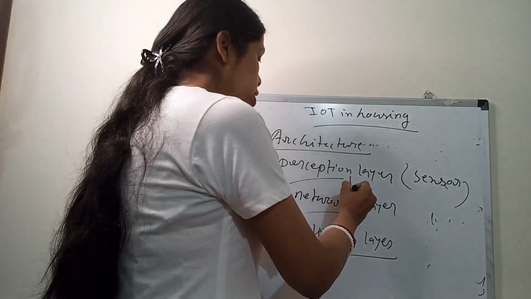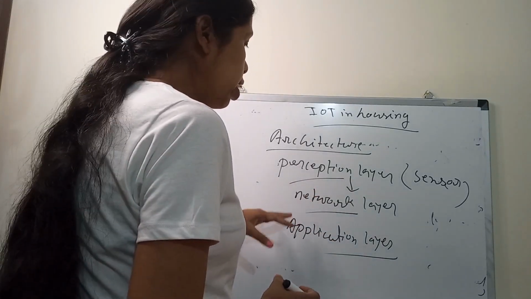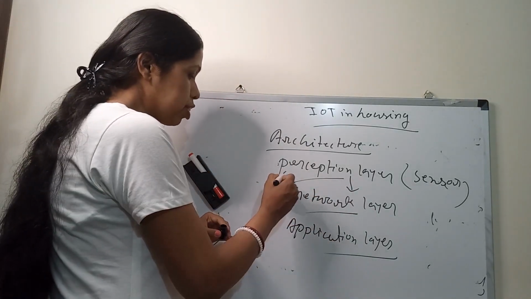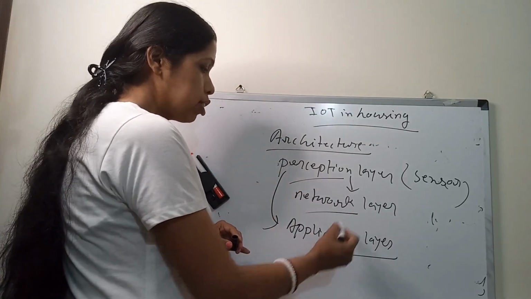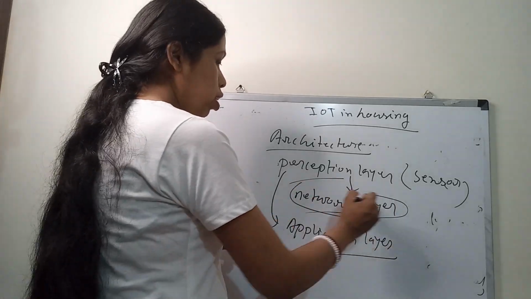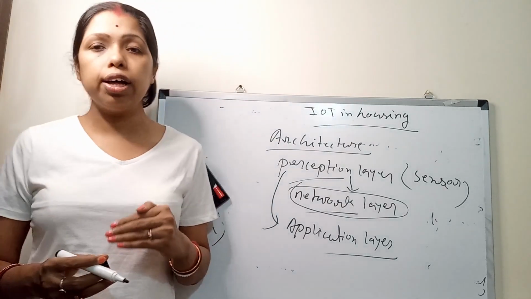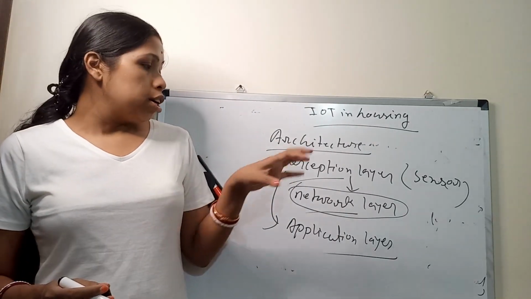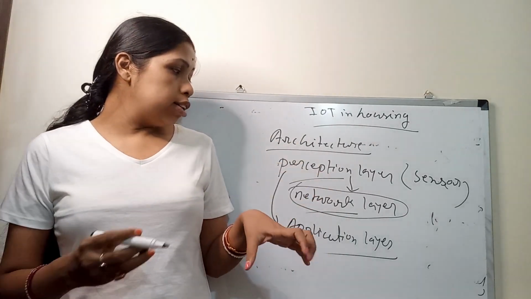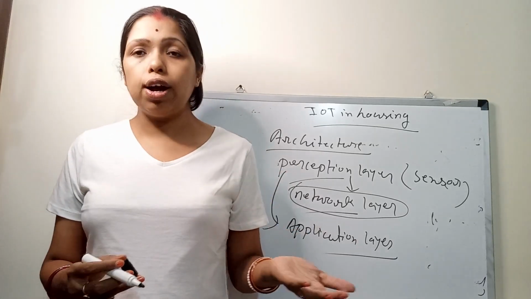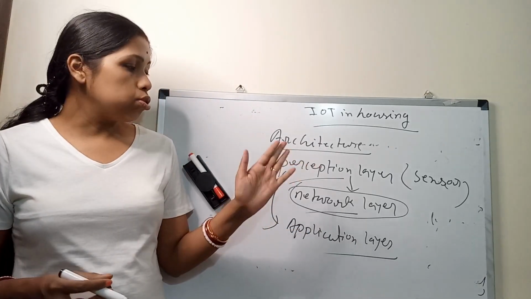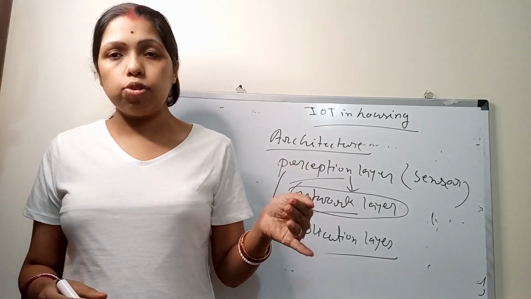After the data is collected, it can be transferred from the perception layer to the application layer through the network layer. Network layer is a bridge between the perception layer and the application layer. You need some channel through which data can be transferred from one layer to another, so this network layer is required.